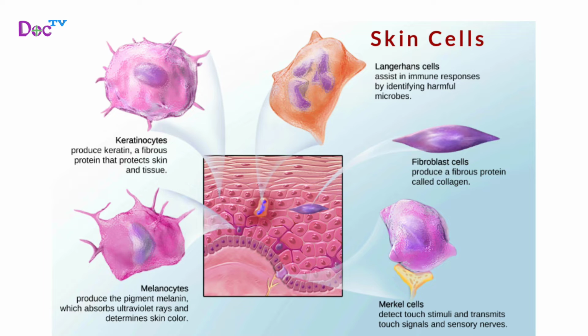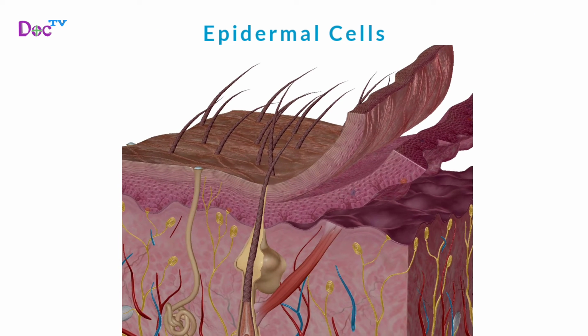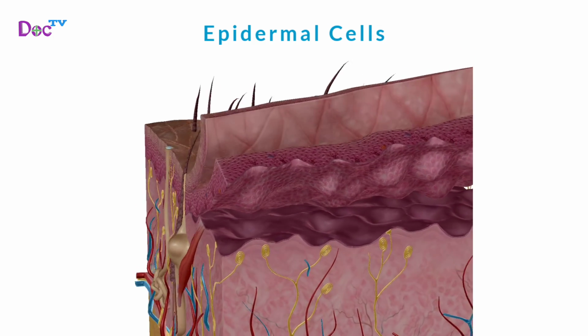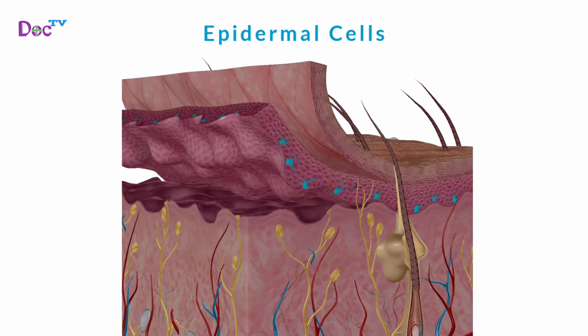So let's move to the skin cells. Cells of the epidermis include melanocytes, keratinocytes, Merkel cells, and Langerhans cells. Cells of the dermis include fibroblasts, which produce collagen. So now come to the epidermal cells. In addition to keratinocytes, the epidermis contains melanocytes, Langerhans cells, and Merkel cells.